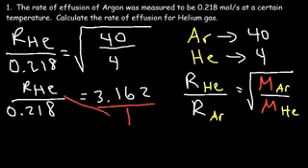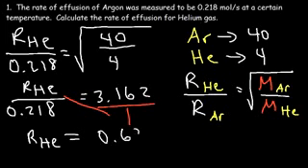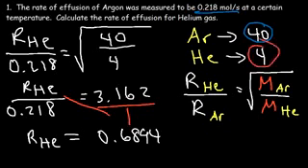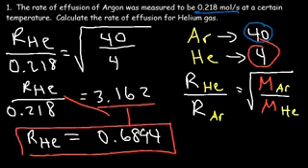R times 1 is just R, and 0.218 times 3.162 is about 0.6894. So that's the rate of effusion for helium. Notice that argon is a heavier gas, and therefore its rate of effusion is less than that of helium. Heavy gas molecules move slower, and helium is lighter than argon, so it has a much higher rate of effusion. Lighter gas molecules move faster.